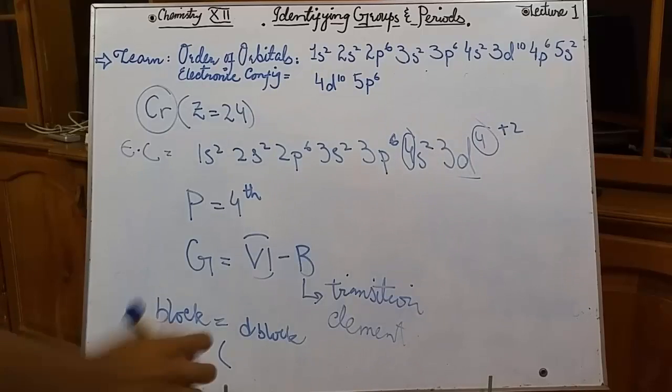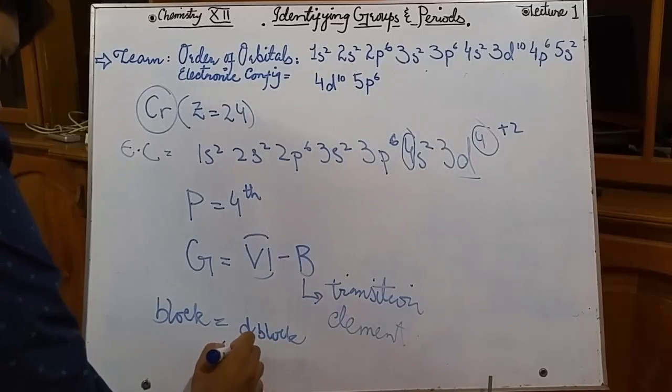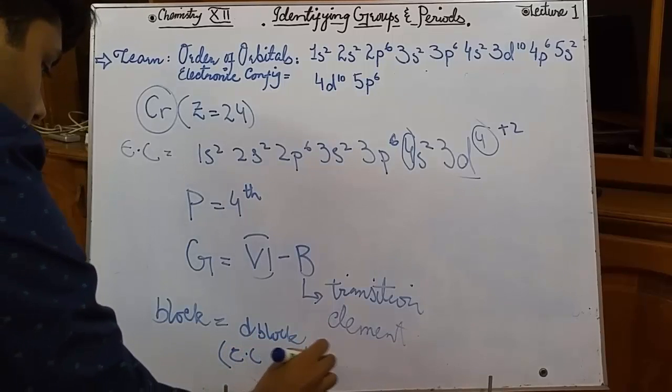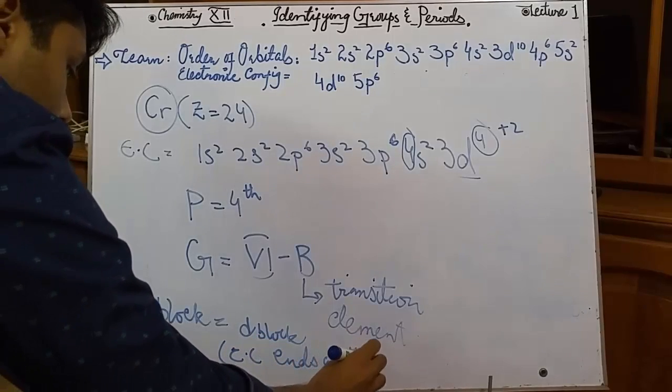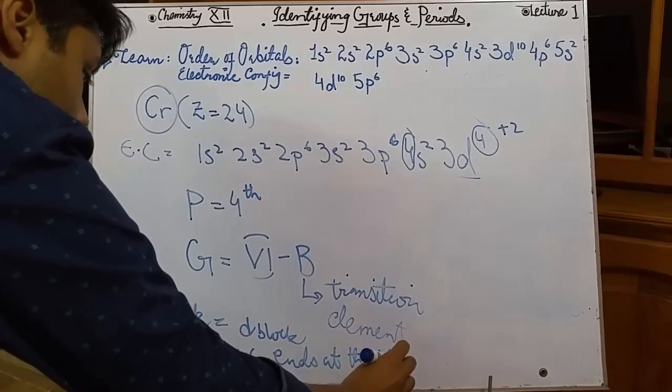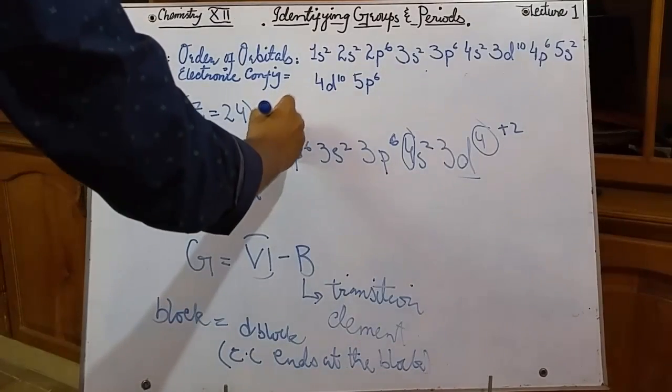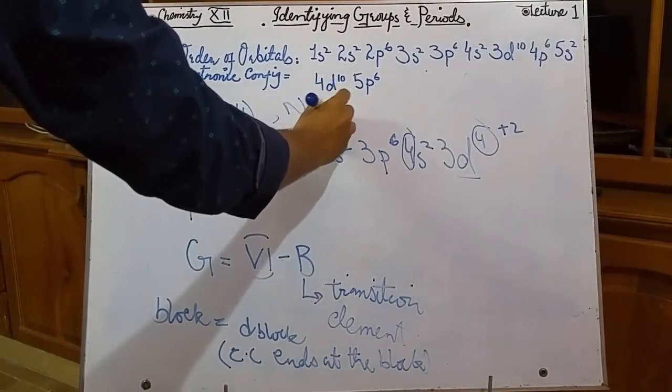The orbital at which the electronic configuration ends will be the block of that element. Simple. In the last example, sodium, the configuration ends at s, so sodium belongs to the s block.